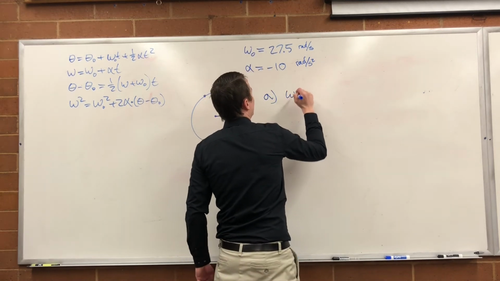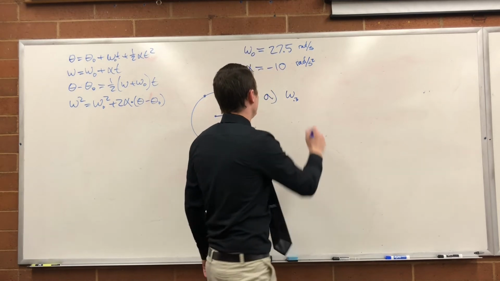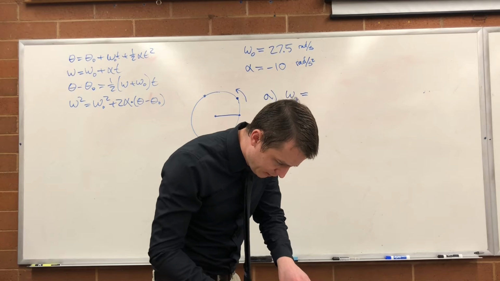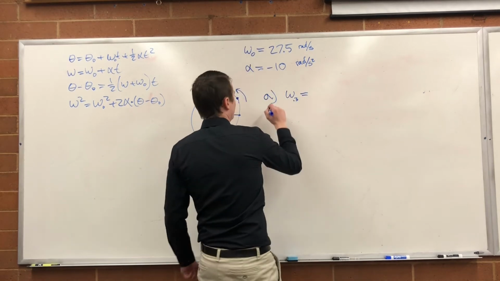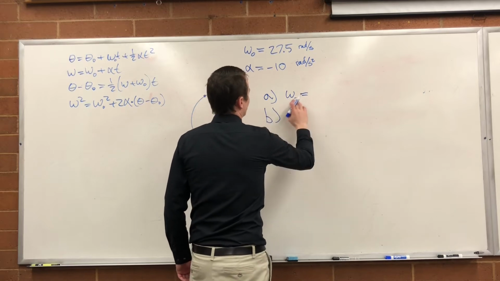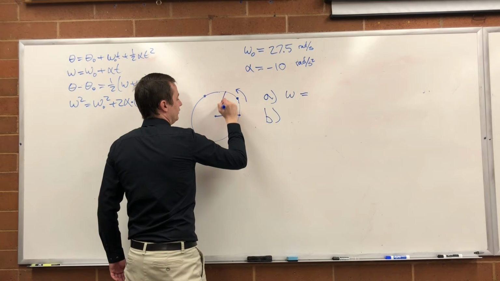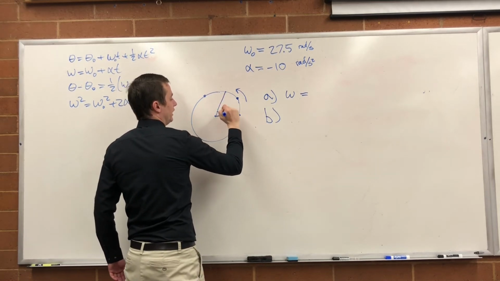So what is omega at 0.3 seconds? And in part B, we're looking for that angle at 0.3 seconds. So we'll just call it omega at some future time. At 0.3 seconds, this thing's going to move, right?